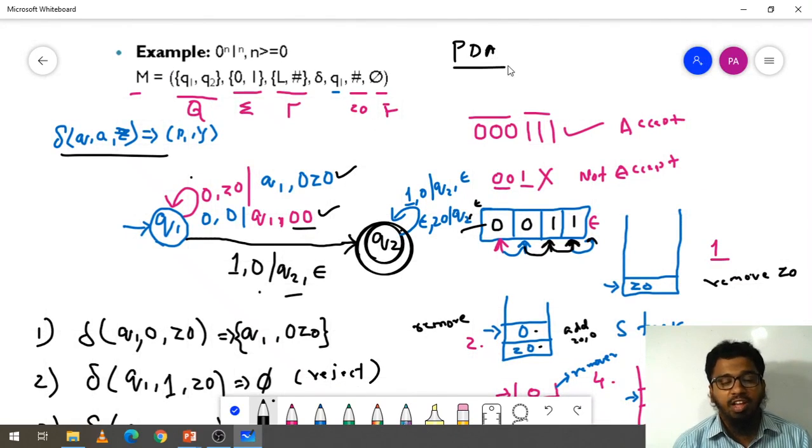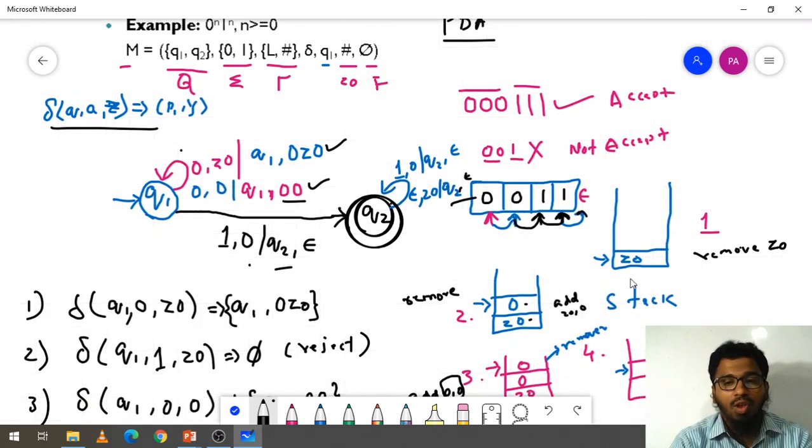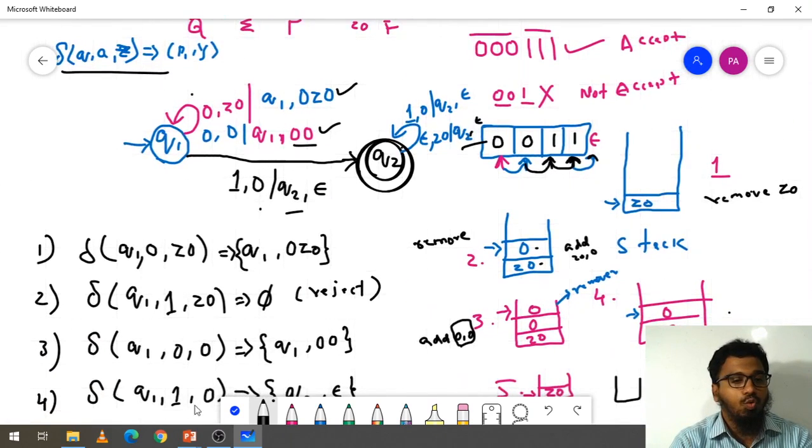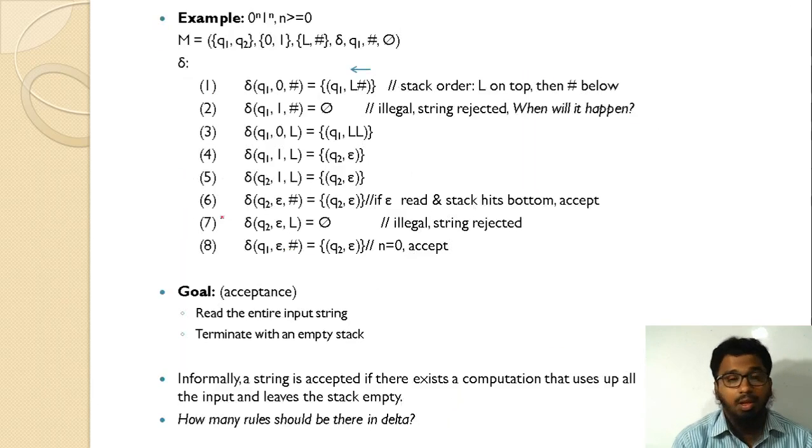I hope you understand this, and I showed you a somewhat easy method. Otherwise, in the exam, you need to do it like this. Here is step 1, whatever we did there, the same thing, same answer is here. q1 0 comma hash is taking hash.